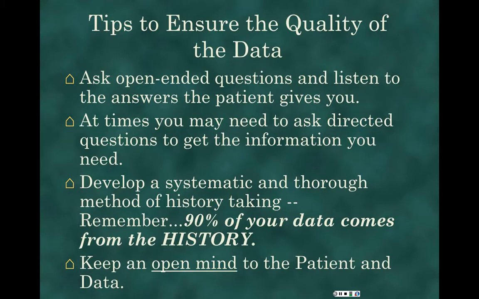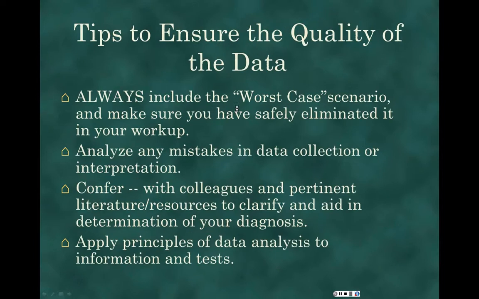Always try to go in an organized and systematic way of doing the history taking so that you won't overlook things. Make sure that you keep an open mind to the patient and their information. And if you always include the worst case scenario, you'll make sure that you have safely eliminated it in your workup. You'll make sure that you ask the right questions to rule that out.